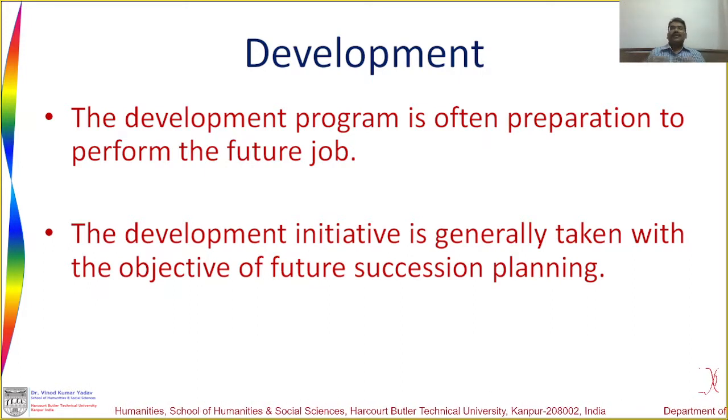Say for example, GM, then you have DGM and then AGM. AGM himself or herself thinks that yes, to be on DGM position or on GM position, you need to have this level of skill, and he or she himself takes initiative. It is individual level initiative.